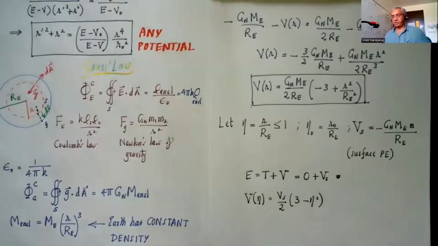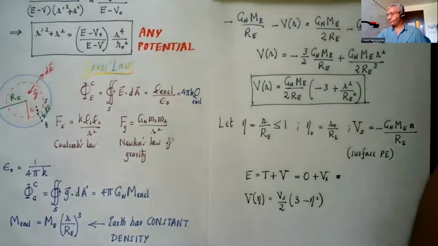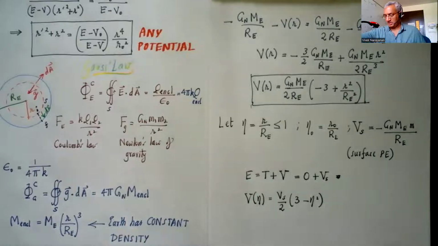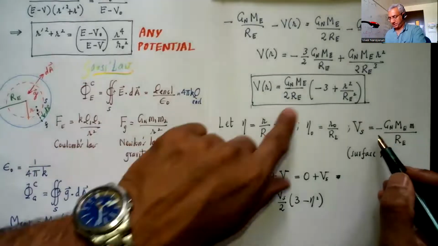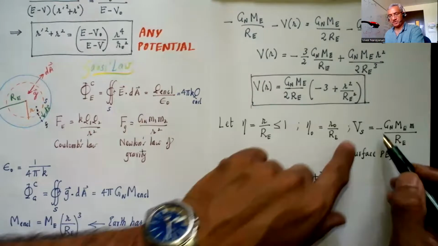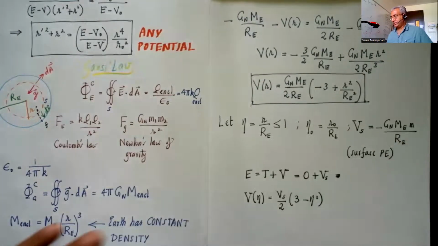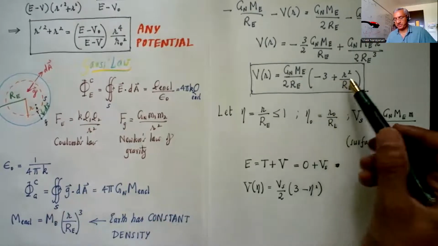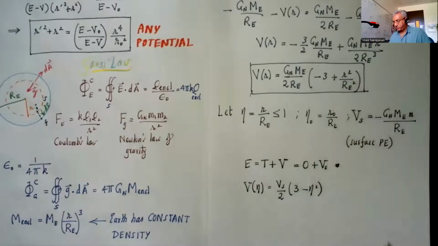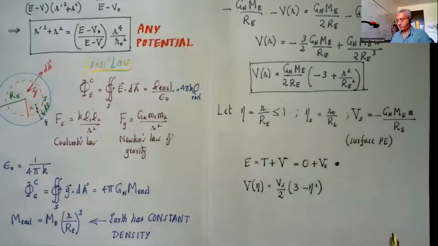So that's our potential at the inside. Now the reason for the 3 minus is because I've taken a minus sign outside, because V sub s is negative. Okay, so that's the reason for the 3 minus eta squared rather than negative 3 plus eta squared. All right, so that is your potential at the surface.